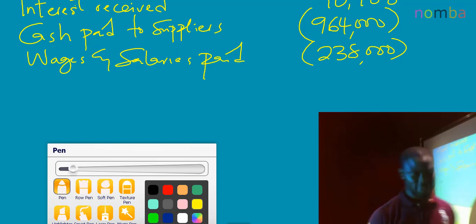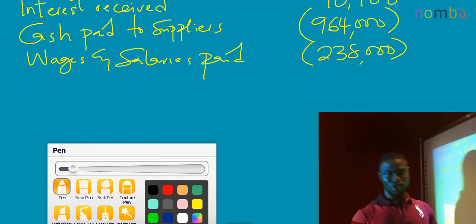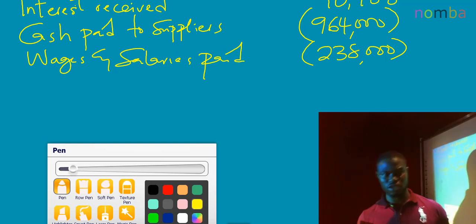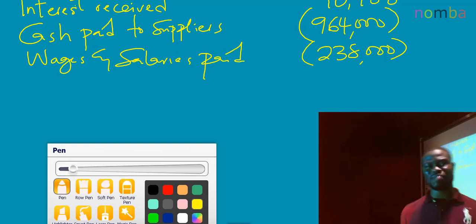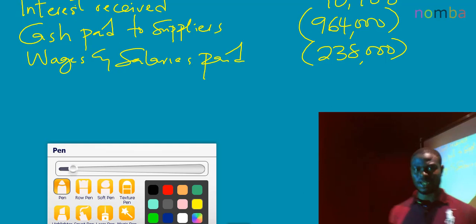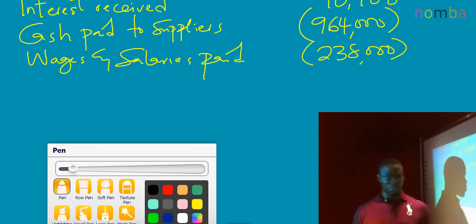If this is that interest, then it could be an operating activities item because you did not borrow money. It's just a major part of your operation because you are using a bank and the bank is charging you. If that is the case here, then it will be treated as operating.